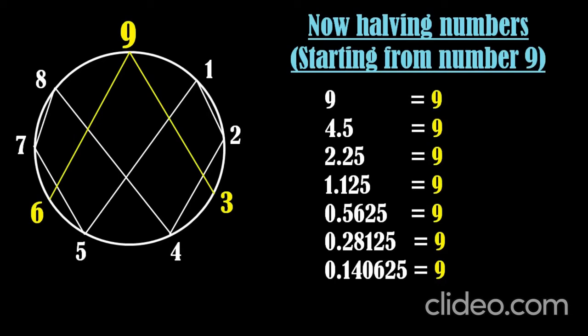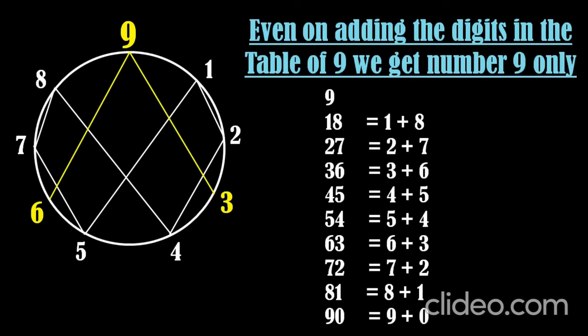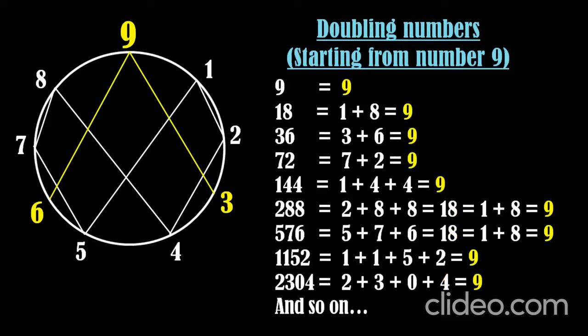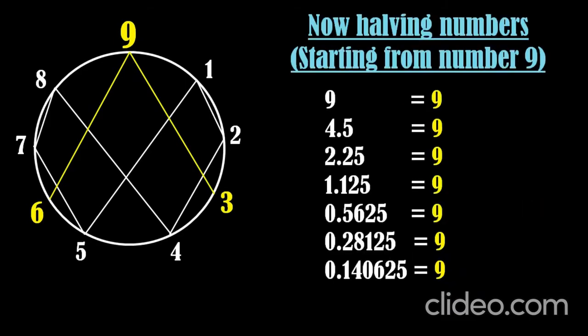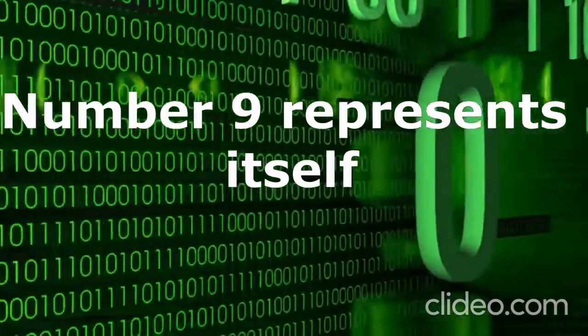What do you see? We are getting number 9 every time. No other number is present in the sequence. Even on adding the digits in the table of 9, we get number 9 only. So we see whether we double or halve the numbers starting from number 9, we always get the number 9 only. It implies that number 9 represents itself.